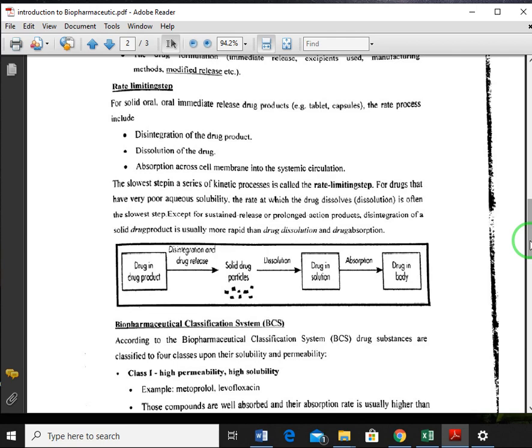Solid drug particles, when they come in contact with the stomach solvent, make some dissolution there, giving drug in solution, and then some bound and unbound drug is available. Absorption is going to happen with the ionized and unionized drug.